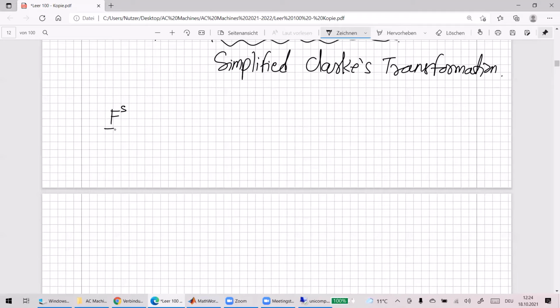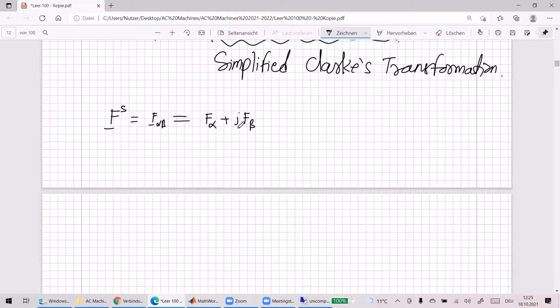The alpha beta frame, right? The alpha beta frame is your stationary frame. So you can write it like F vector alpha beta also. It's your wish, whichever way you want to write, it's fine. So this we will define like this: F alpha plus J F beta. What is J?